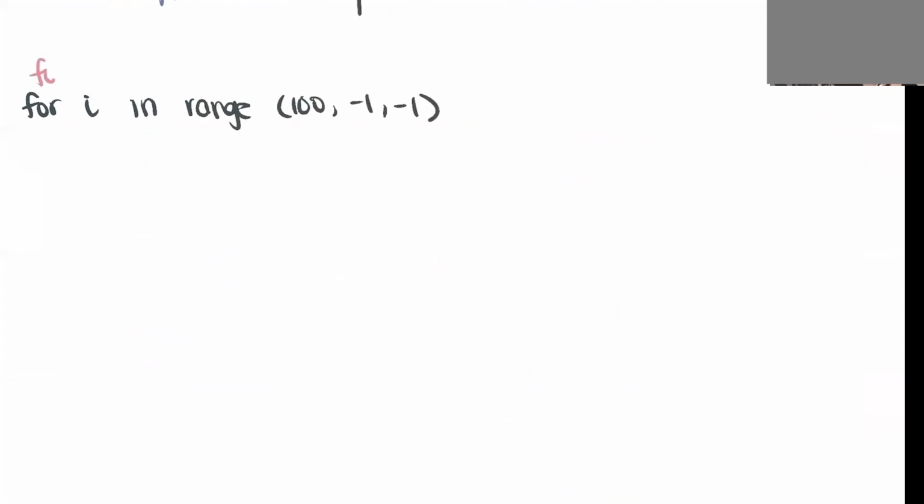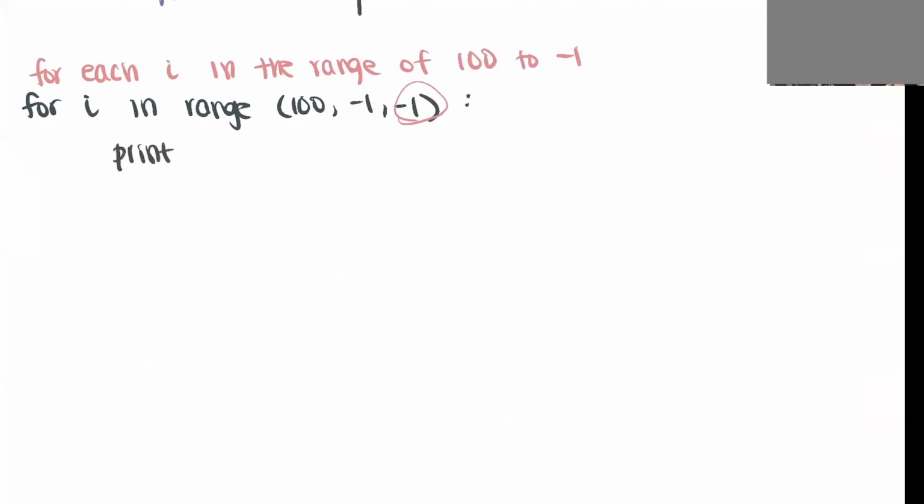So once again, in English, it is for each I in the range of 100 to -1 with a step size of -1. We wanted to print I. What was this as a range? How do we write what numbers make up the range?